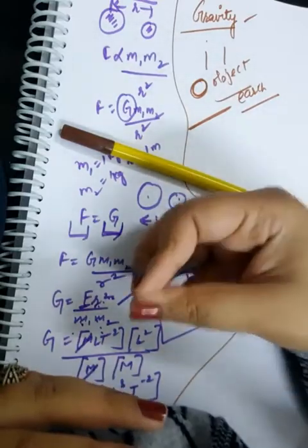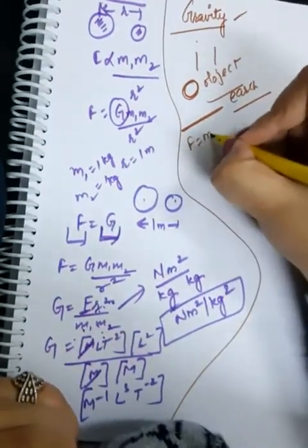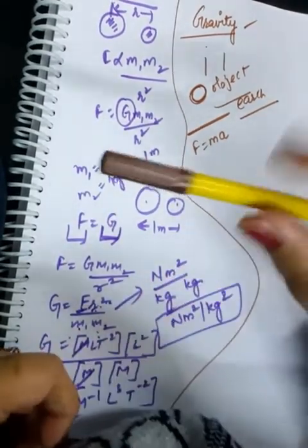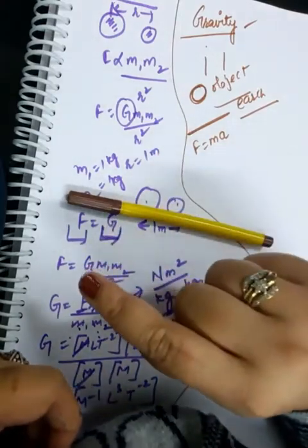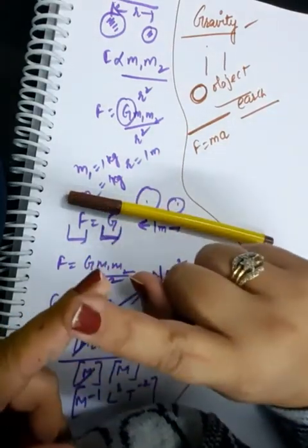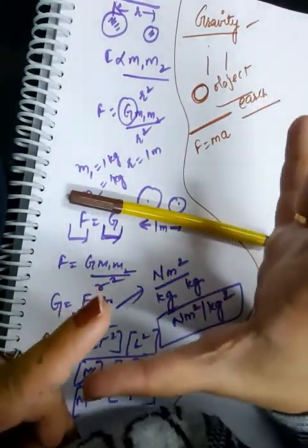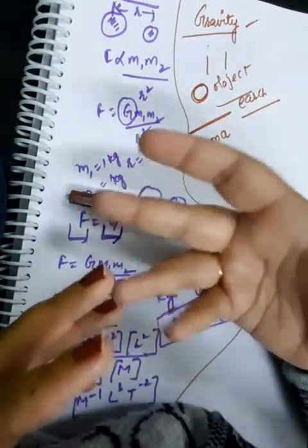And force is always equal to mass into acceleration, isn't it? So if gravity is acting on the object and it is falling down, one force is acting over that object. But if a force is acting, it means the object is also accelerating, which means its velocity is increasing with time.